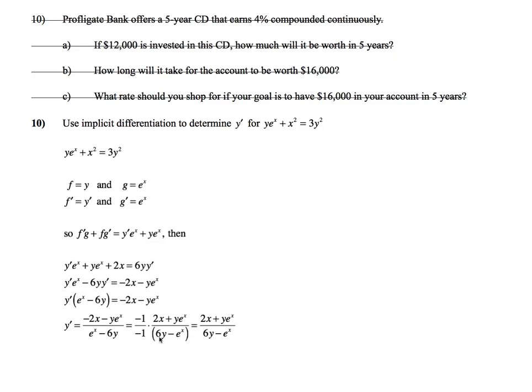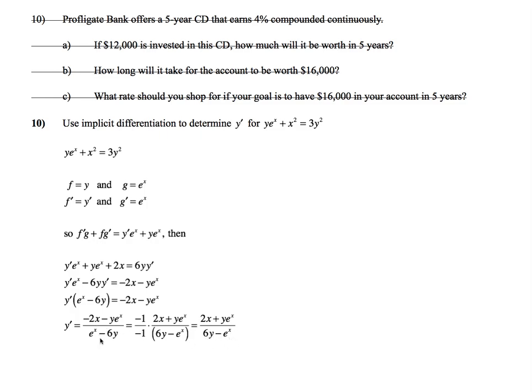But the negative 1 comes out of the negative 6y, making it positive 6y. And there's no negative in front of the e to the x, and so that makes this term negative e to the x. And so negative e to the x plus 6y is the same thing as 6y minus e to the x. You may recall that at one point I said when you factor a negative 1 out of a subtraction, it just changes the direction of the subtraction.